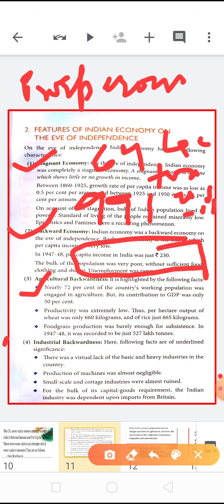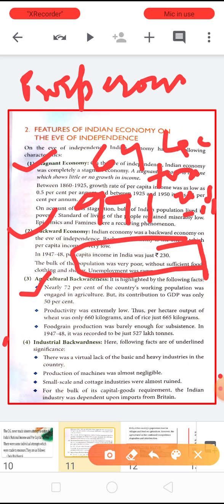For rice, the production was 220 lakh tons in the year 1947, which is now almost 1156 lakh tons in the year 2018 to 19.